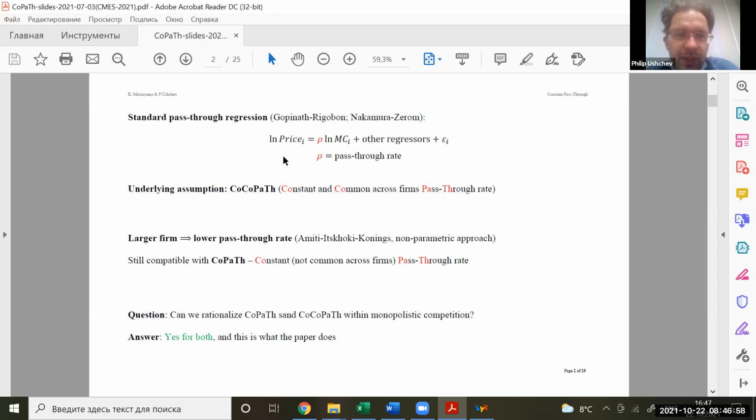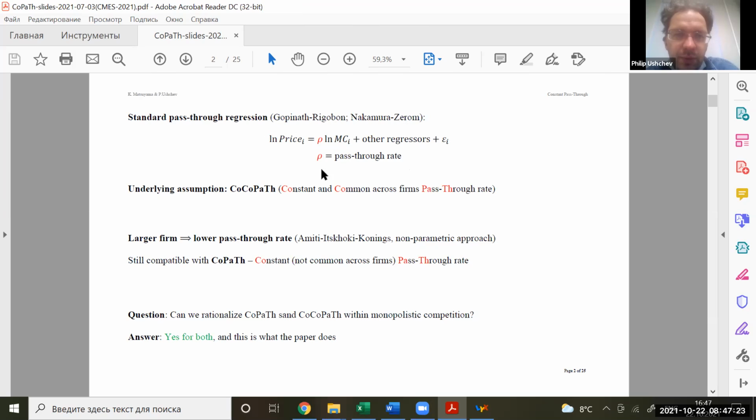You have log price on the left-hand side of the equation, and you have some proxy of log marginal cost. Usually you run these regressions using firm-level data with some coefficient, plus other regressors, control variables, plus the error term as usual.